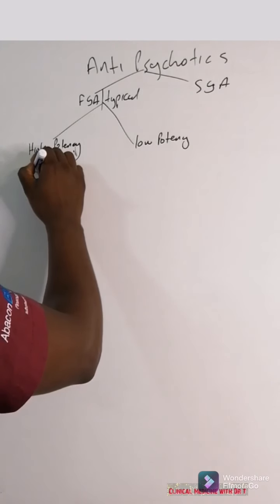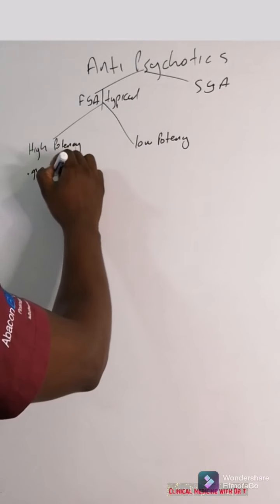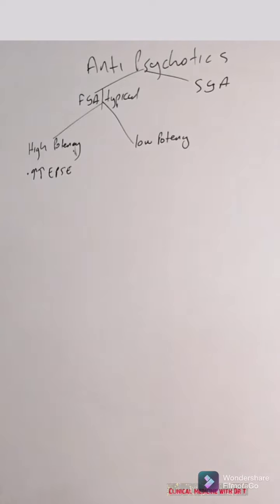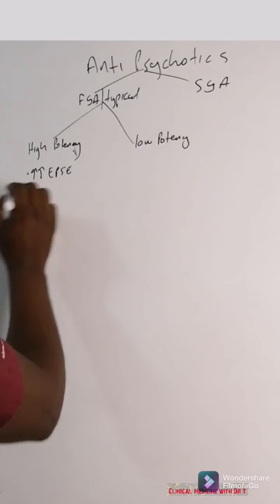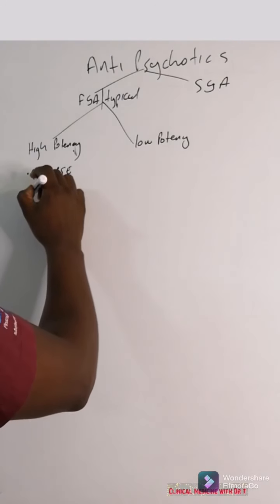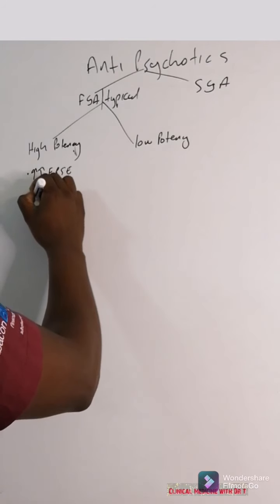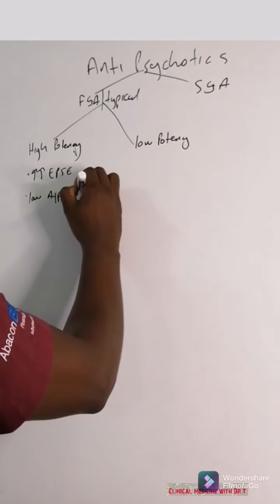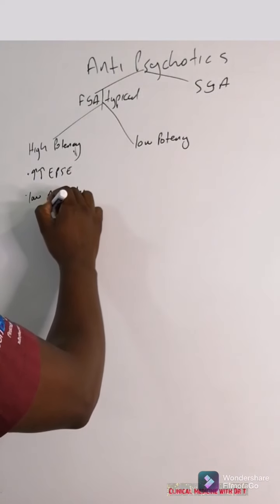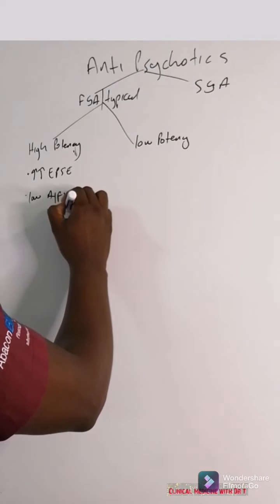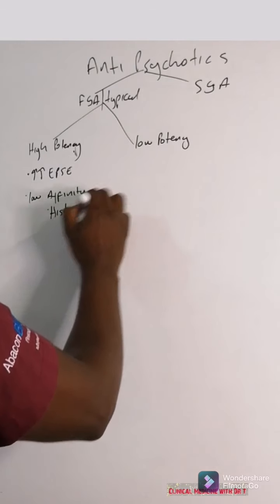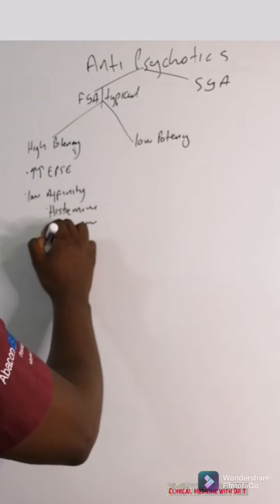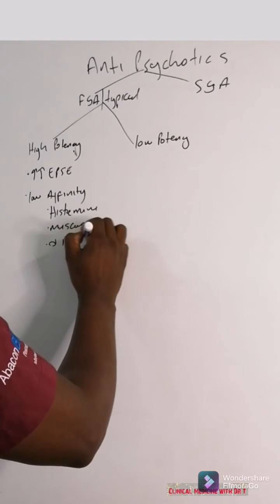High potency antipsychotics have a much increased risk for extrapyramidal side effects. They've got a lower affinity for these other receptors, your histamine, muscarinic, and your alpha-1 receptors.